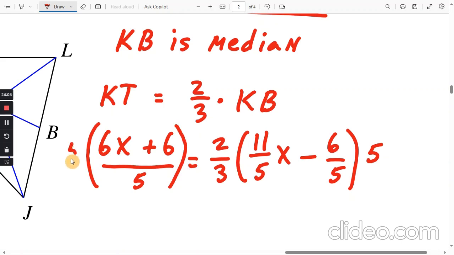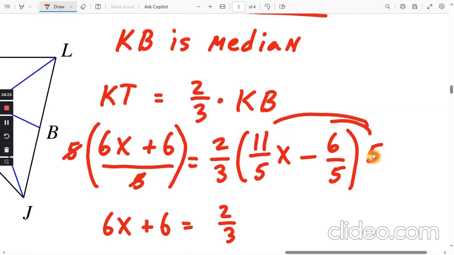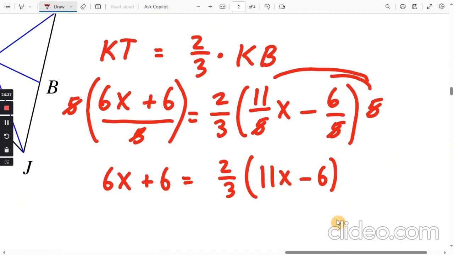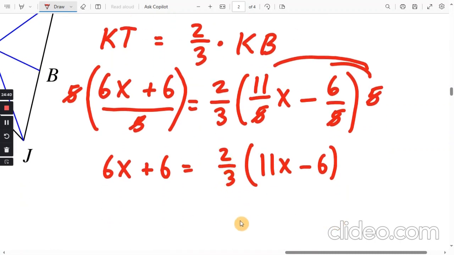All right, times 5. So on this side, 5 over 5 cancels, and we're left with 6x plus 6. And that equals 2/3. And if we distribute this 5 to both terms, 5 divided by 5 cancels, and 5 divided by 5 cancels. So we're left with 2/3 times 11x minus 6. Like I said before, I don't want to distribute a fraction.